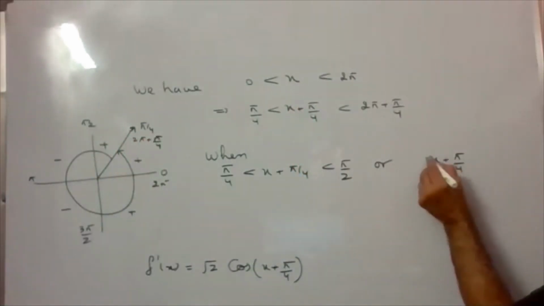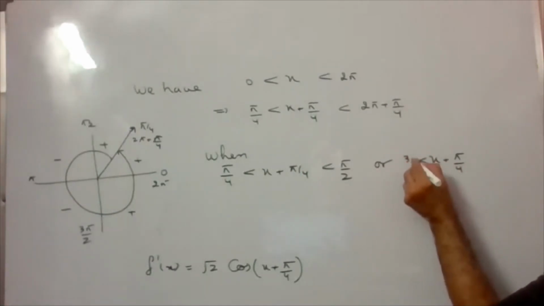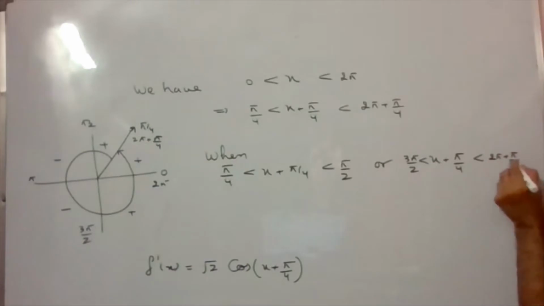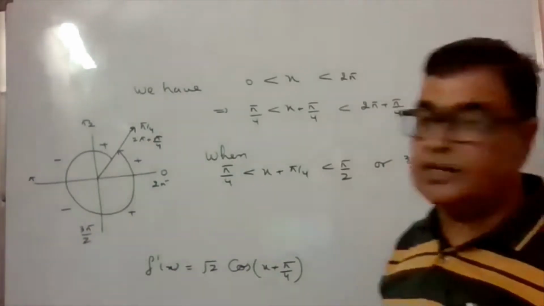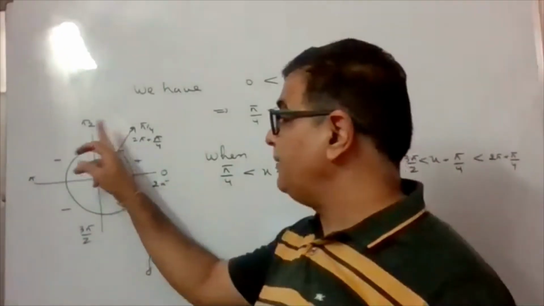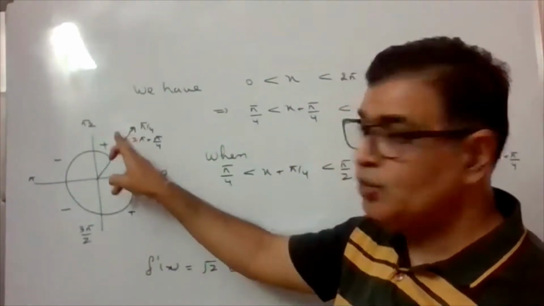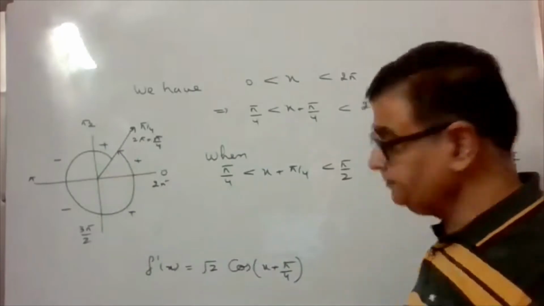So it will come out to be greater than 3 pi by 2 to 2 pi plus pi by 4. These are the two intervals we have. One is from pi by 4 to pi by 2. Another we have 3 pi by 2 to 2 pi plus pi by 4.